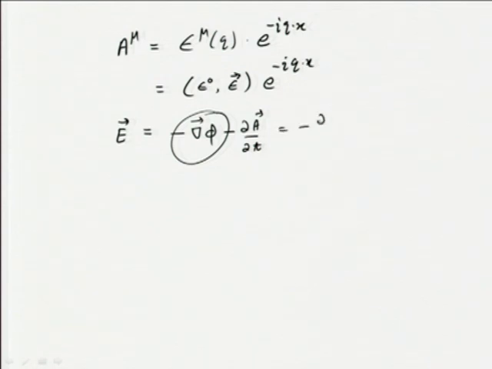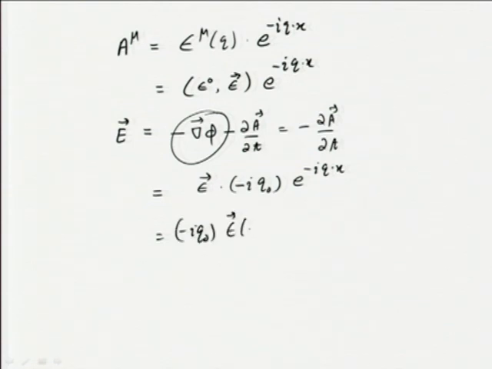So, you have minus dou A by dou t as the electric field, and dou by dou t acting on this will give you minus I q naught epsilon, which depends on q, exponential minus I q naught t, exponential I q dot x.